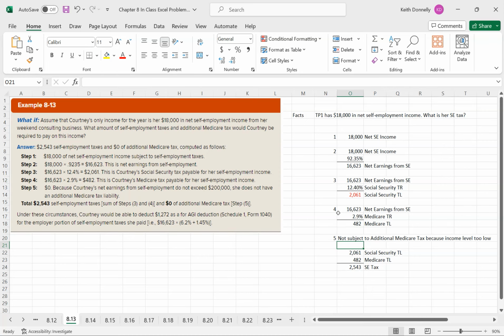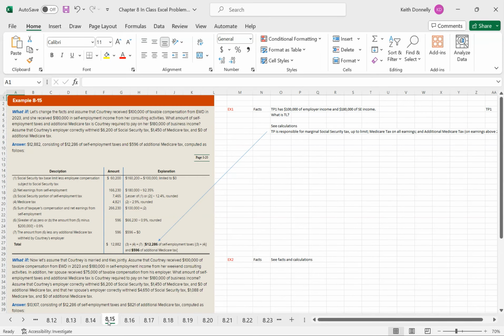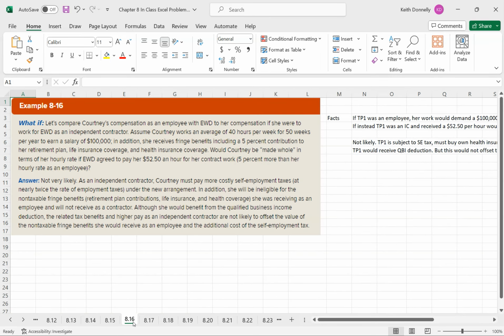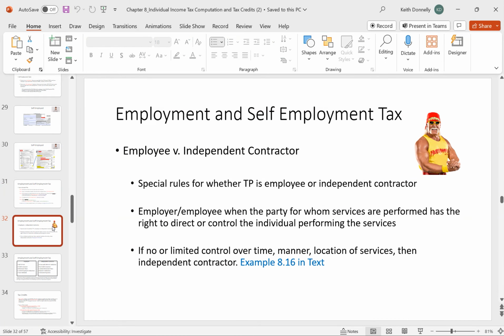The 2061 and the 482. Hey, our self-employment tax is going to be 2543. We're not subject to an additional Medicare tax because we're well below 200 grand. You can look at these other examples here, just to see if there are phase outs and whatnot. But that's the idea with being self-employed.